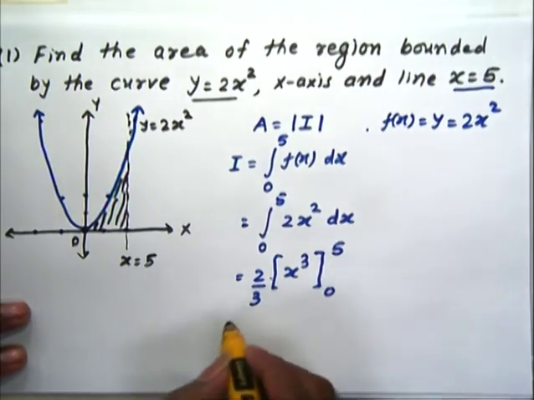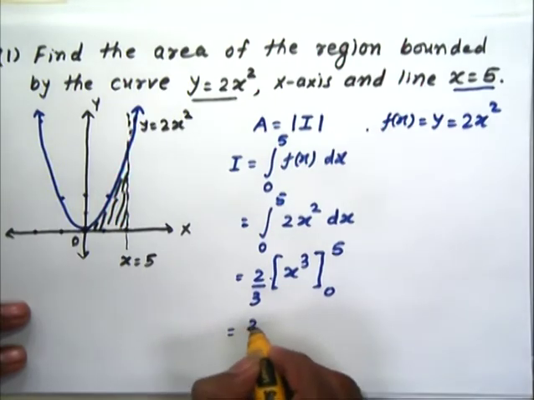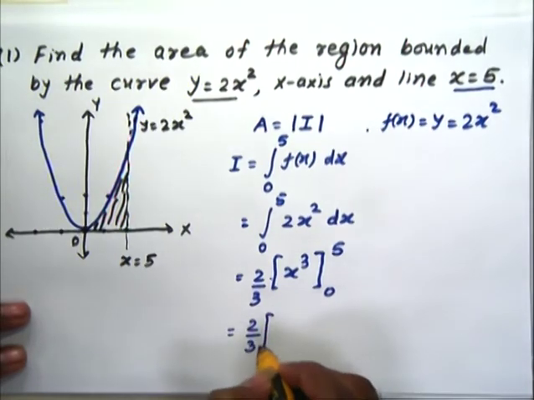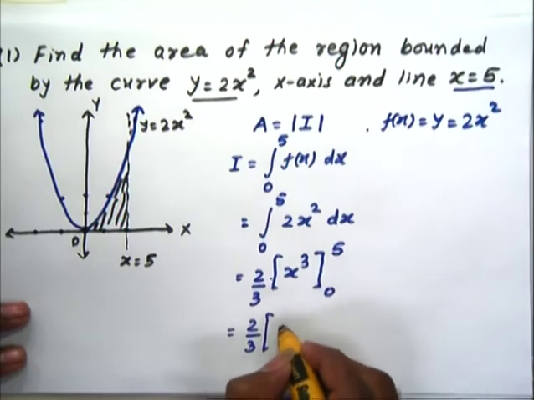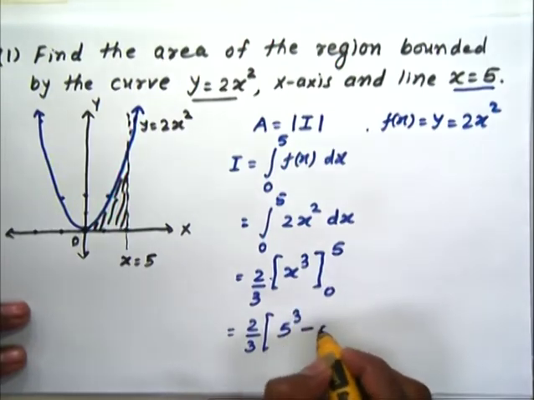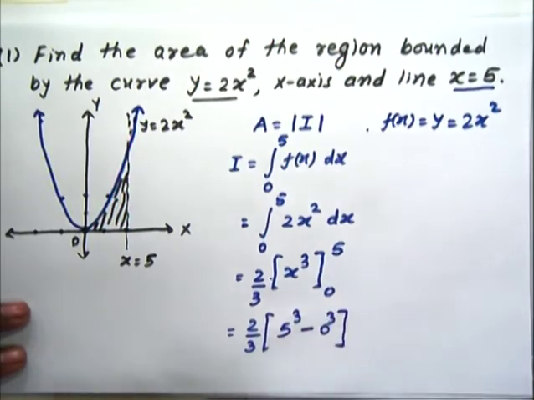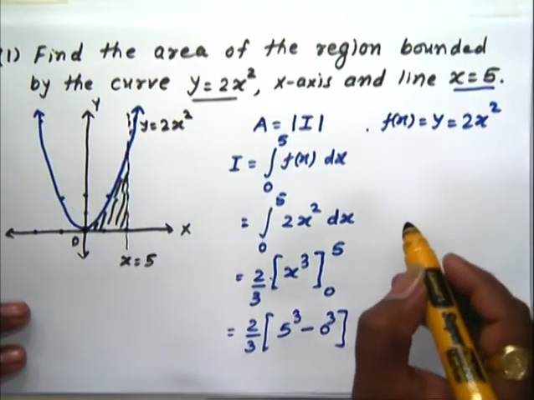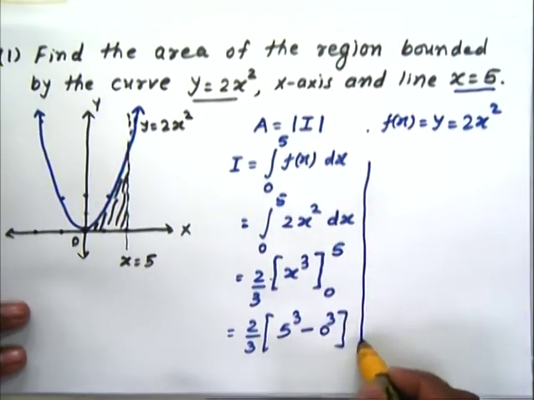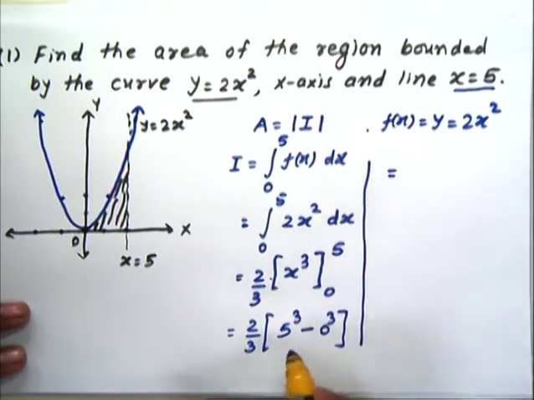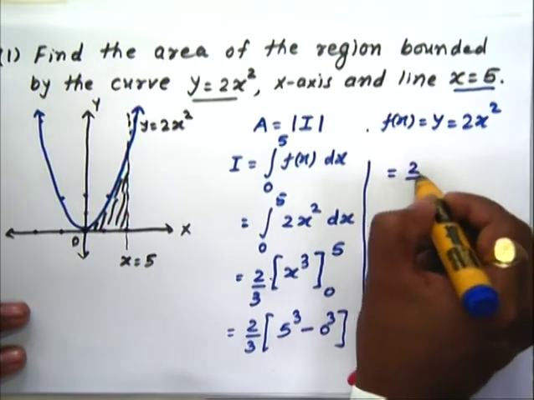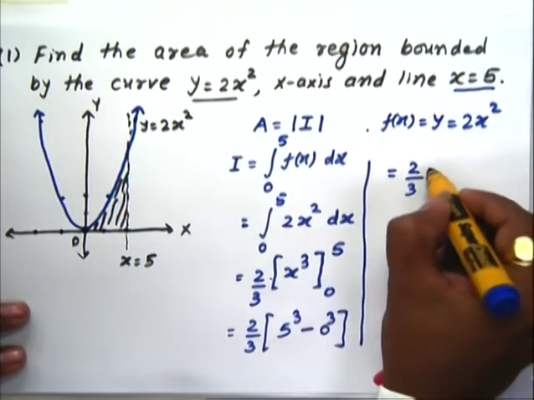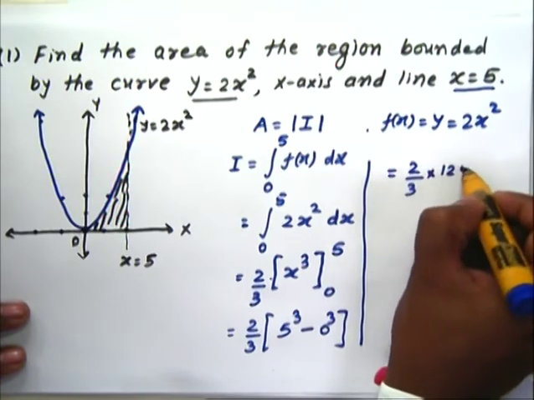Now 2 by 3. Put the value 5 here. So 5 cube minus 0 cube, which is equal to 2 by 3 times 125 minus 0.